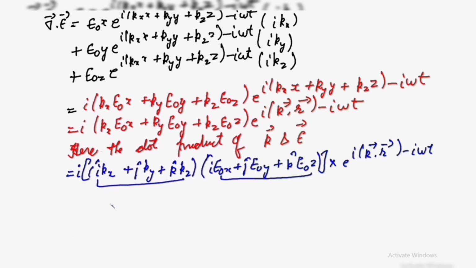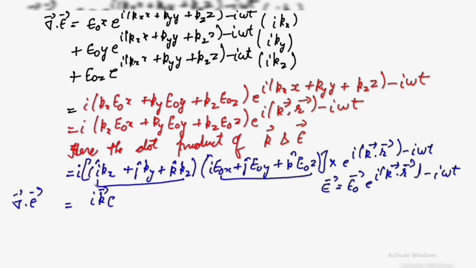So as we know, E vector is equal to E naught vector exponential i k vector dot r vector minus i omega t. So here we put the value of E vector. So del dot E vector is equal to i k vector dot E naught vector exponential i k dot r vector minus i omega t.